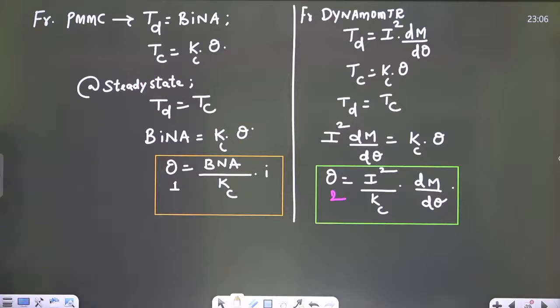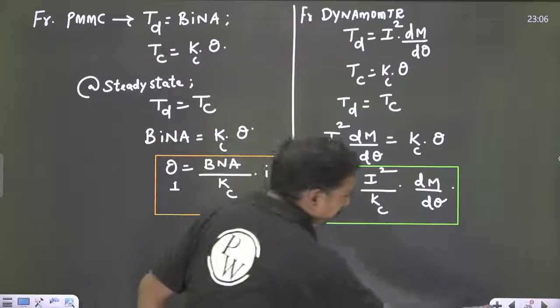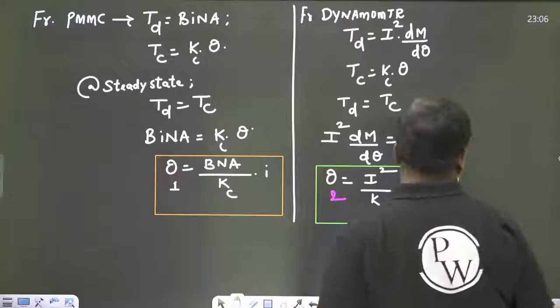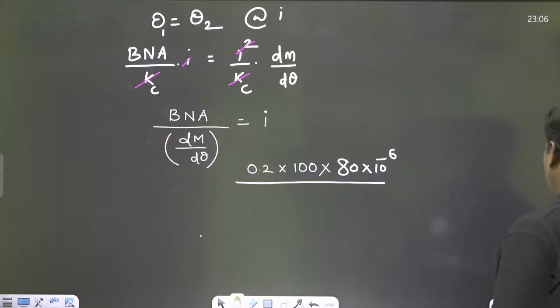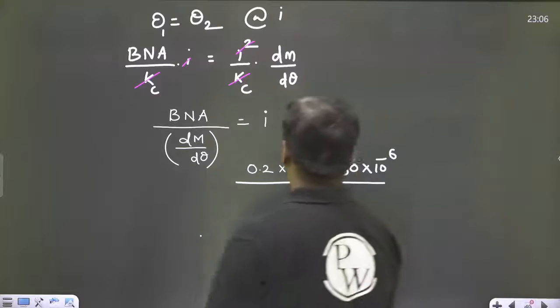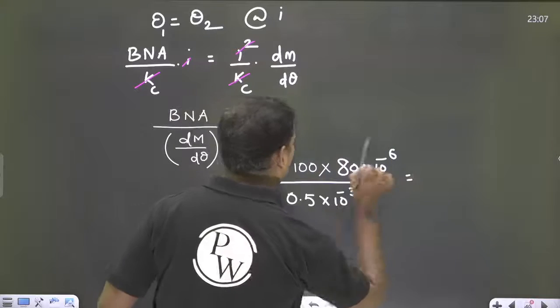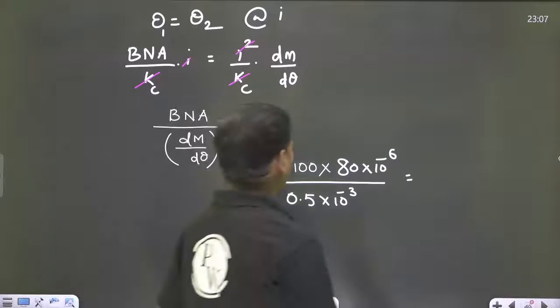dM by dθ is given as 0.5 millihenry per degree. So that is 0.5 into 5. Check it.